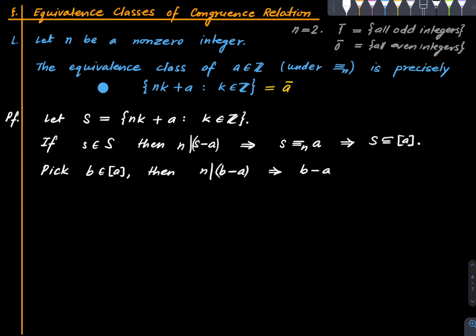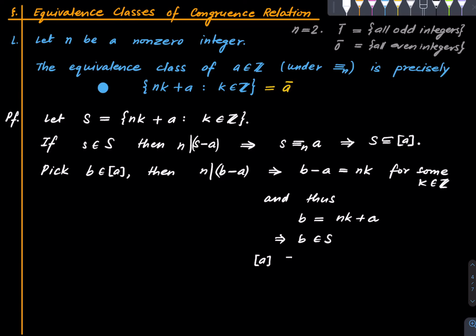So b minus a is equal to nk for some k, and thus b is equal to nk plus a, which implies b is in S. So all of this shows that the equivalence class of a is contained in S. Now this and that together imply that S is equal to the equivalence class of a. And that's it. That is what we wanted to prove.